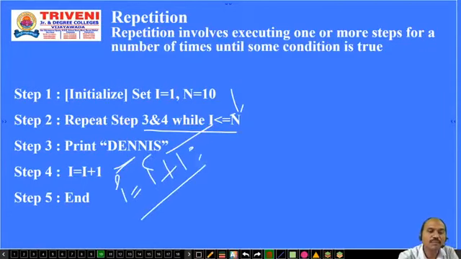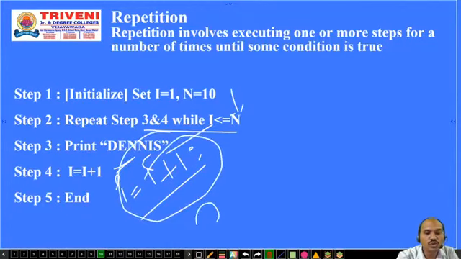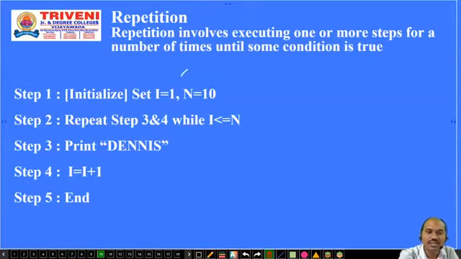I equals I plus 1 means the loop keeps increasing as given by the condition, that is 10 times. After completion of the 10 times the loop will exit, at the end of the statement. So this is the repetition of the algorithm.